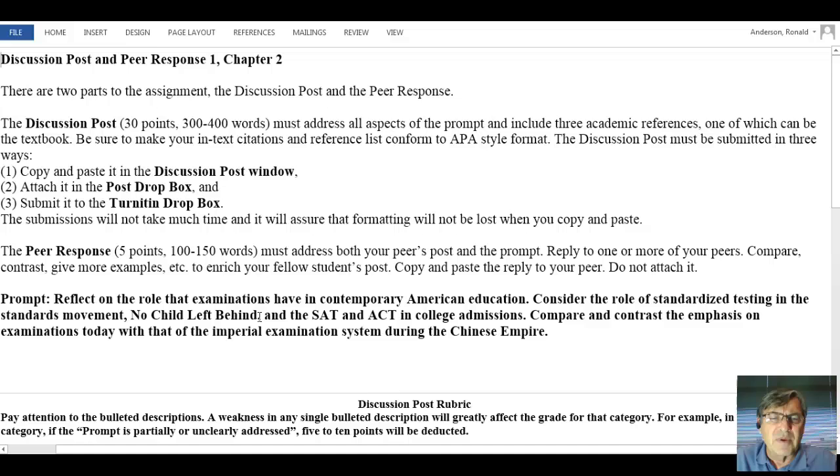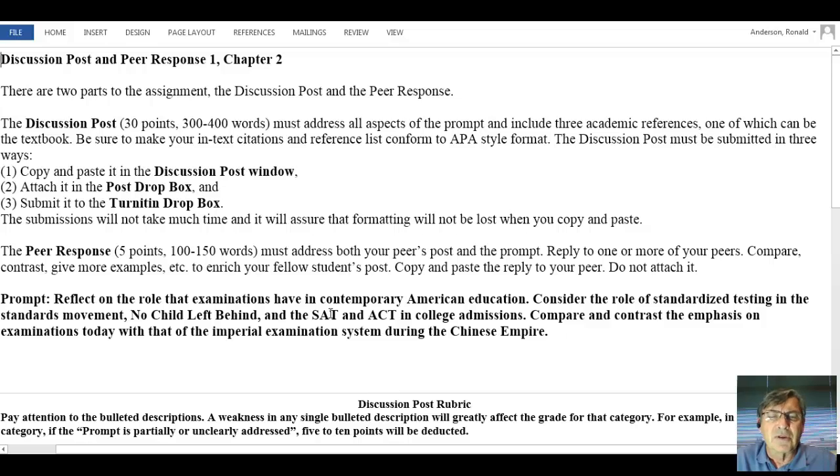No Child Left Behind, SAT, ACT for college admissions, a lot of hoops to go through in order to be judged as being competent as individuals and as educational programs or state programs even to being effective.